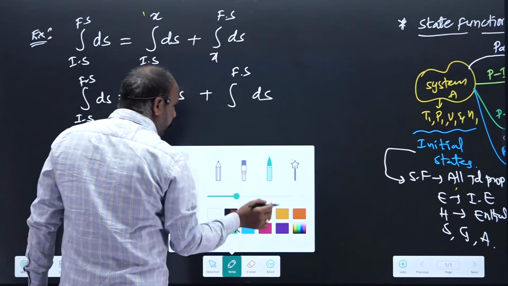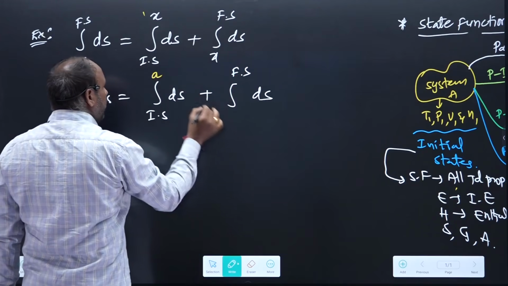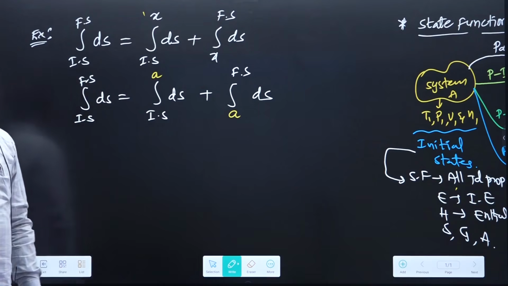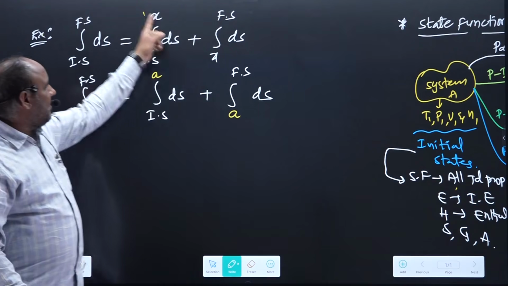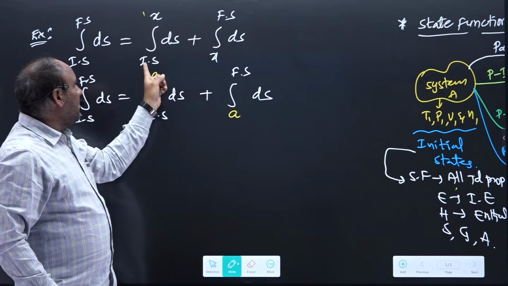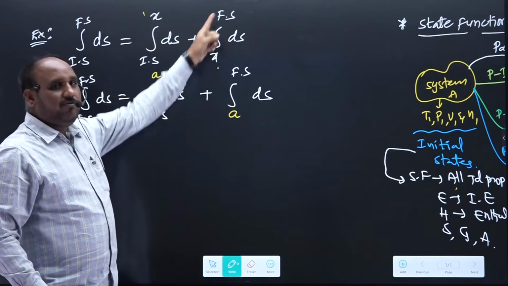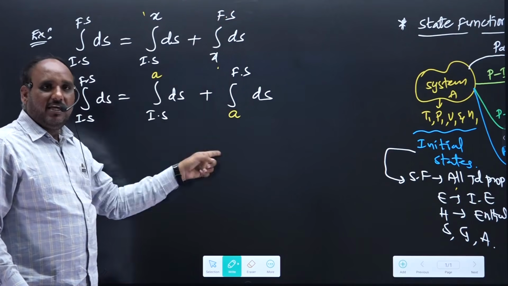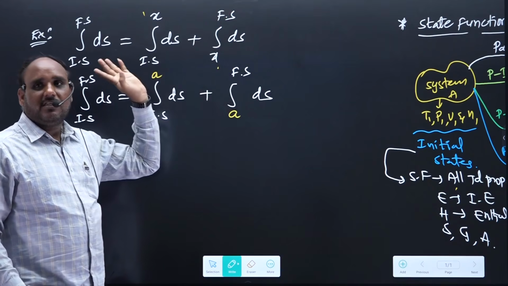Now the pathway will be different, here a, here x. Here the pathways are different. What is the pathway? Initial state to x, then x to final state. Here, initial state to a to final state.